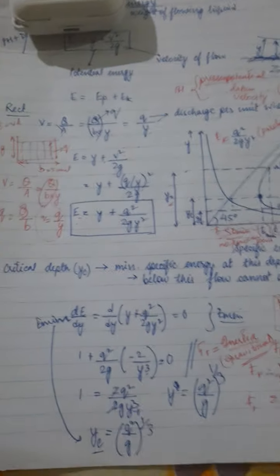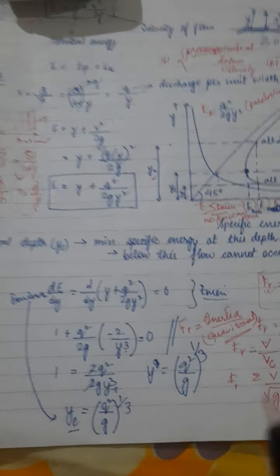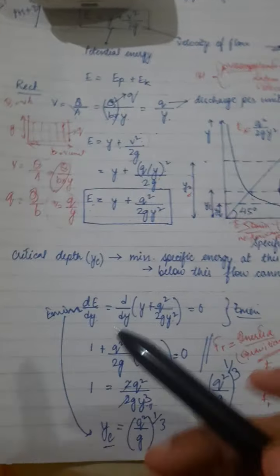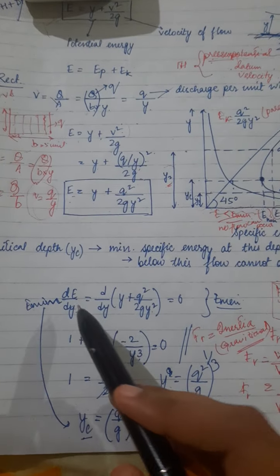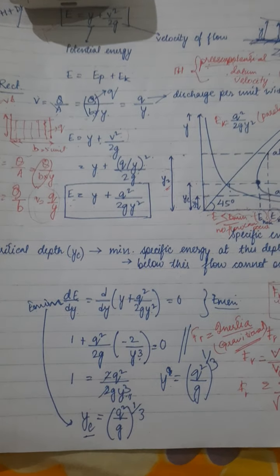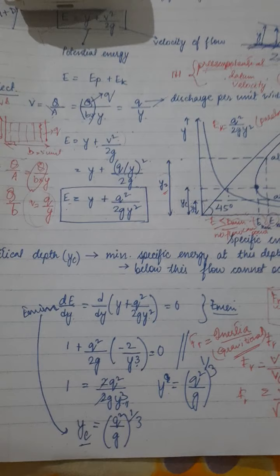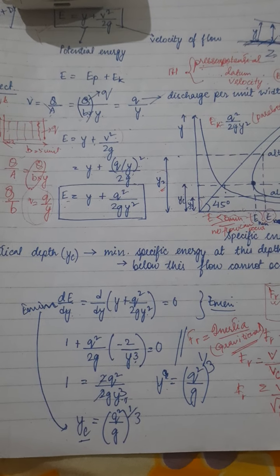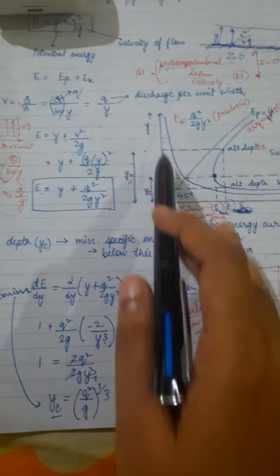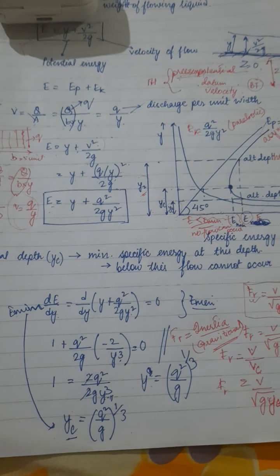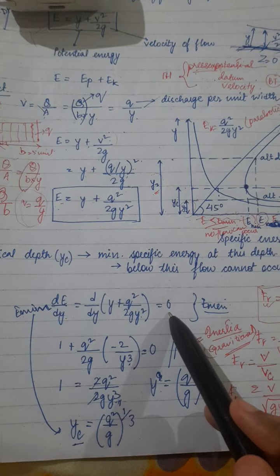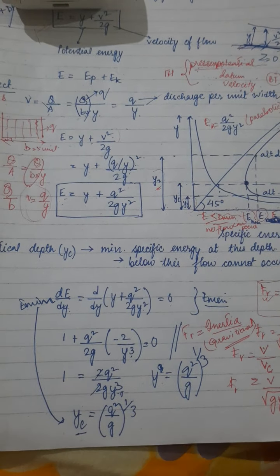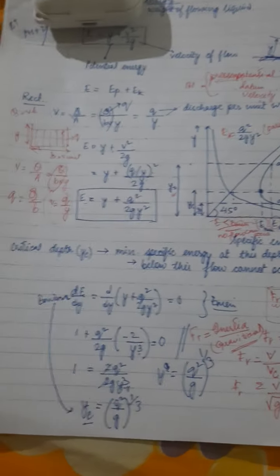Same thing, if we want to find YC from E minimum, then we just have to derive this. If we differentiate dE, that is the specific energy, with respect to dy and make it equal to 0, we will get a minimum value, and from that E minimum we will find the value of YC.